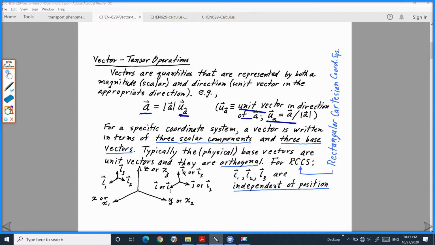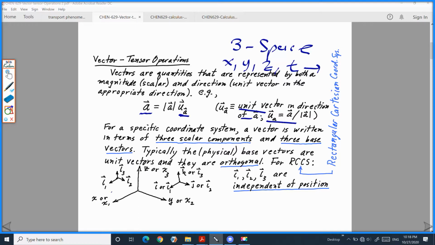For example, in rectangular coordinates, a vector is written in terms of three scalar components. Let's say we are in three space. Now there are three coordinates plus one: in general, x, y, z, plus t for time. And three base vectors, because in three space we have three directions.